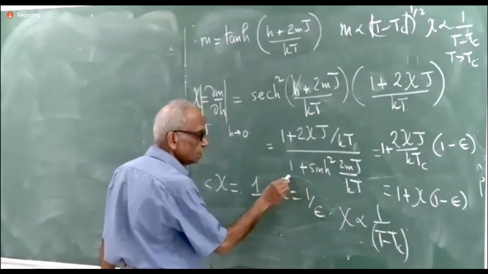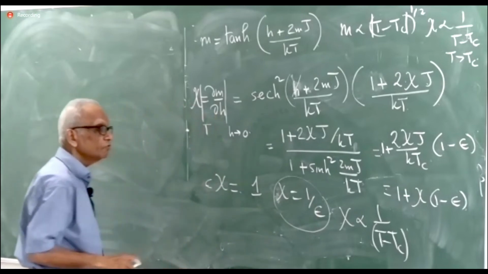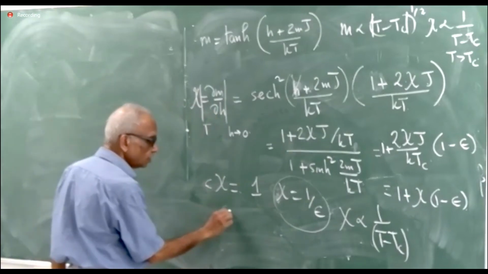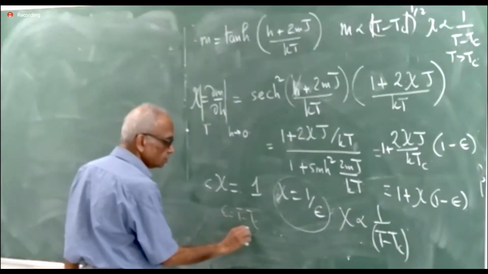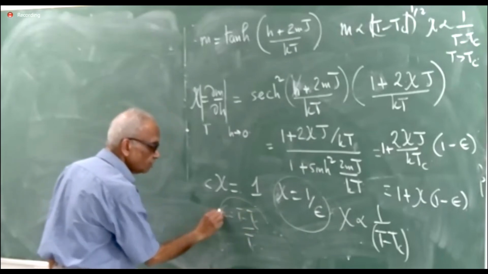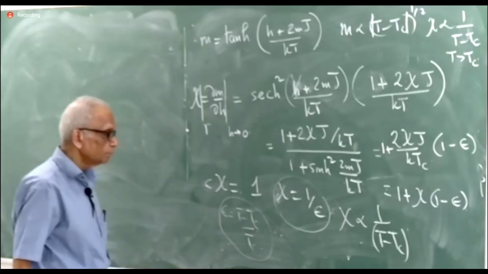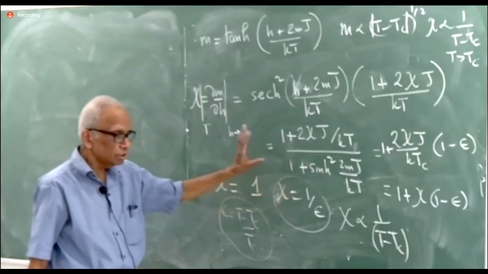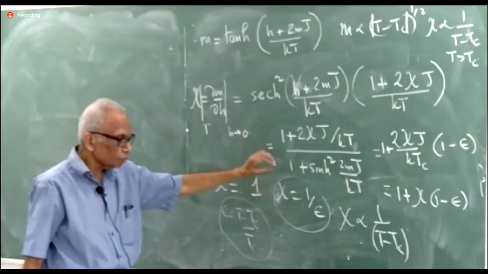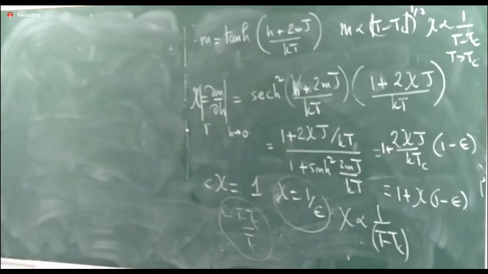Up over here, for T greater than Tc, I have got chi equal to 1 over epsilon, where epsilon is equal to T minus Tc over Tc. That's the definition of epsilon, T minus Tc divided by Tc. It's a number. It's the prefactors which I'm now worrying about. I want to make sure that the prefactors are right.